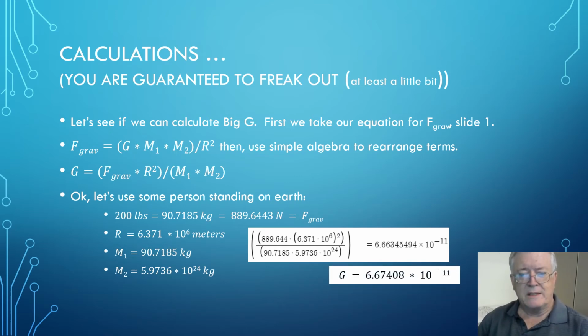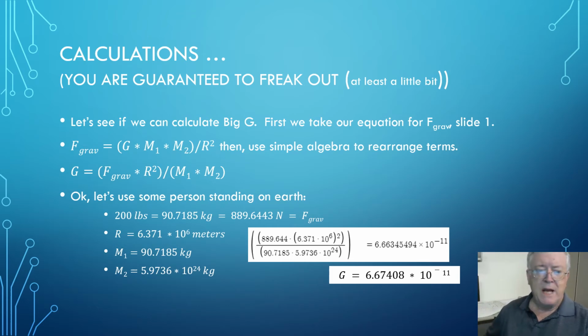There it is. The accepted value is 6.67 times 10 to the minus 11. In case you are wondering, that is a difference of about 0.1%. Pretty good for a down-to-earth calculation here.